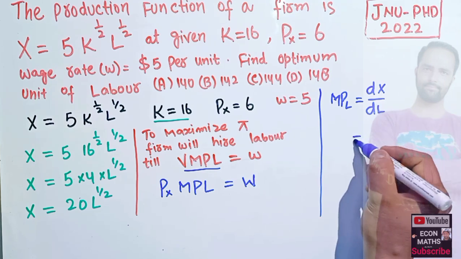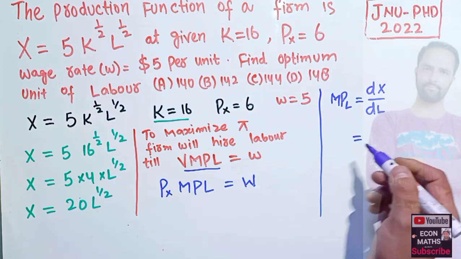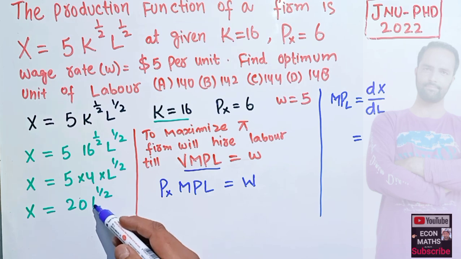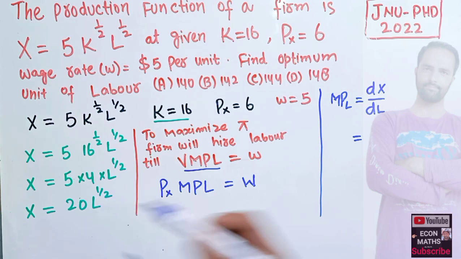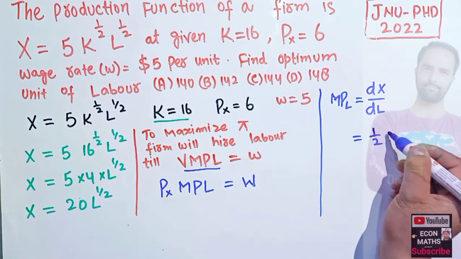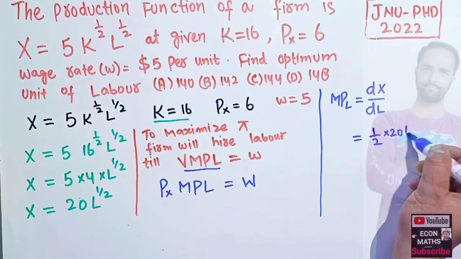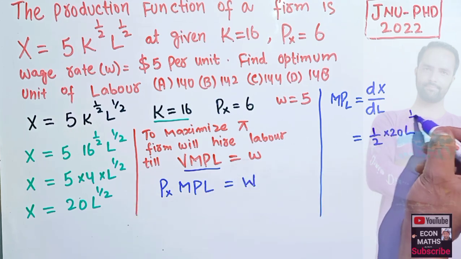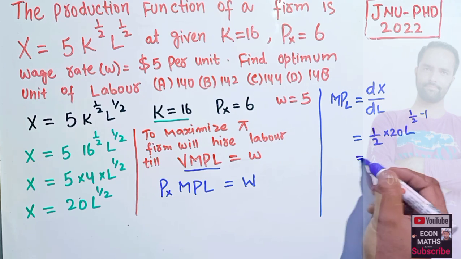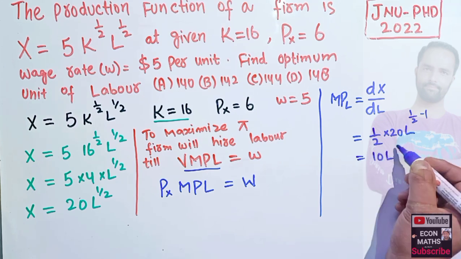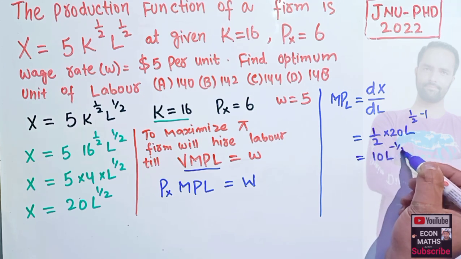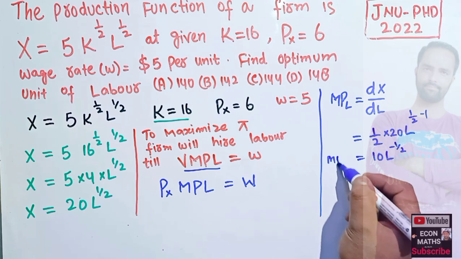Okay, taking derivative of this function with respect to labor, L here. So by power function rule, the exponent will become the coefficient. We have 20, L to the power, exponent will be subtracted by 1. Okay, so this becomes 10 L to the power minus 1 upon 2. So this is our MPL.